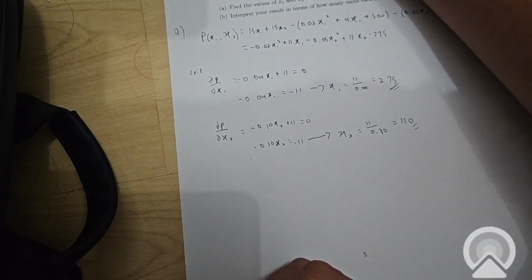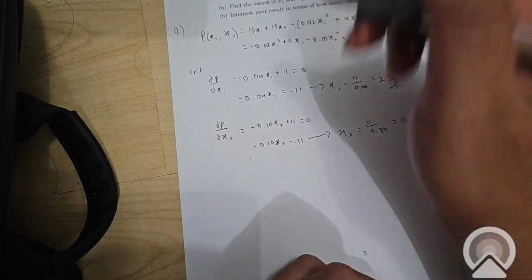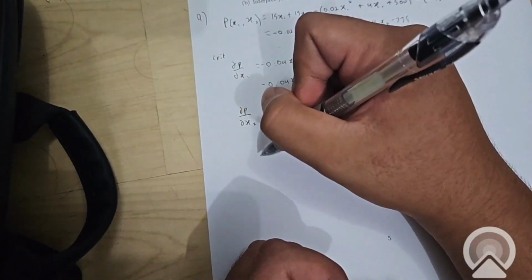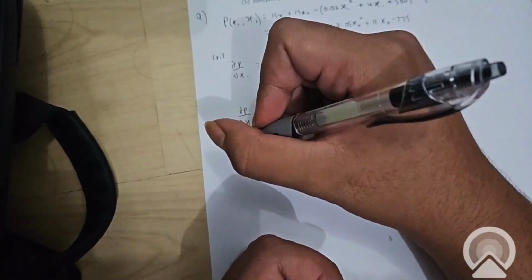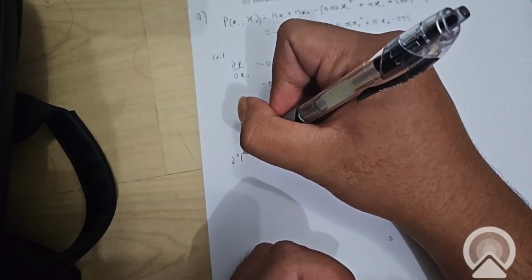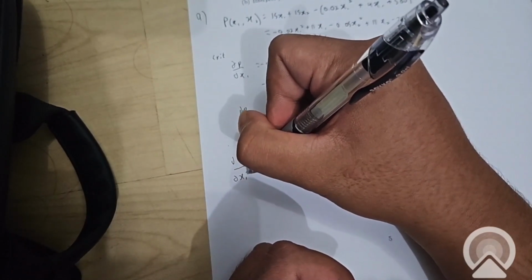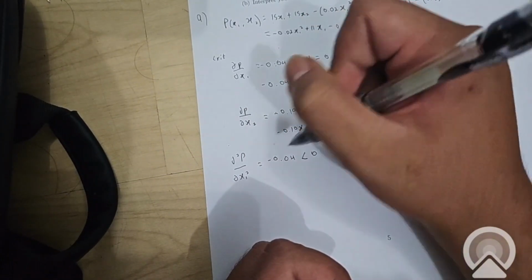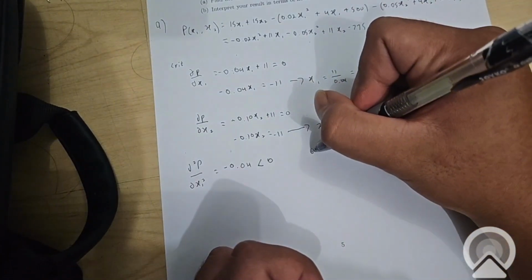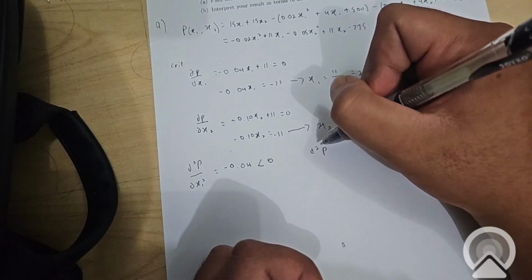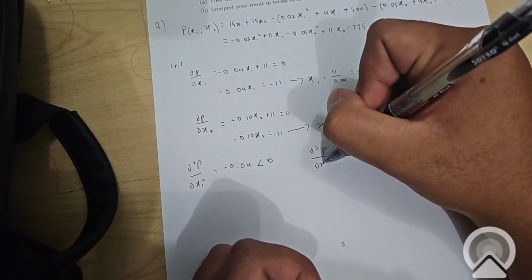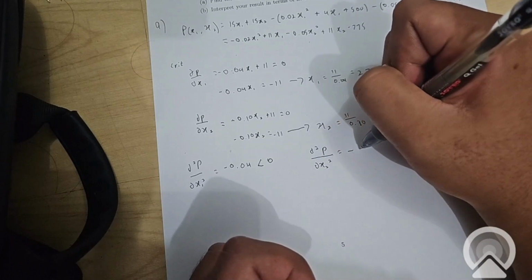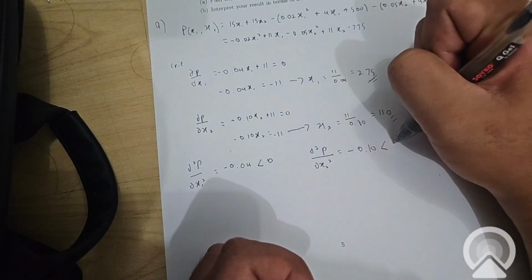Then we will verify this is a maximum. So d squared P over dx1 squared is equal to minus 0.04. It is less than 0, right? And then d squared P over dx2 squared is equal to minus 0.10. It is less than 0, right?